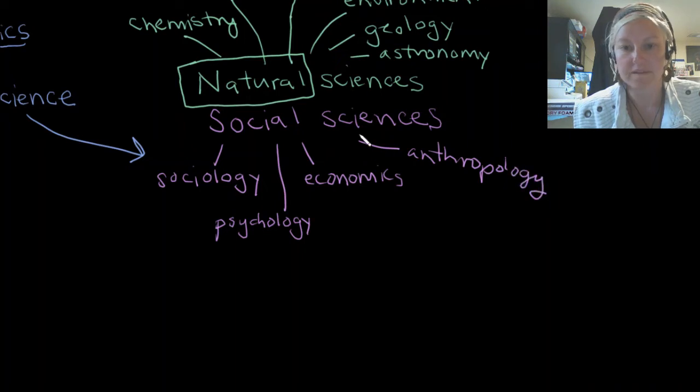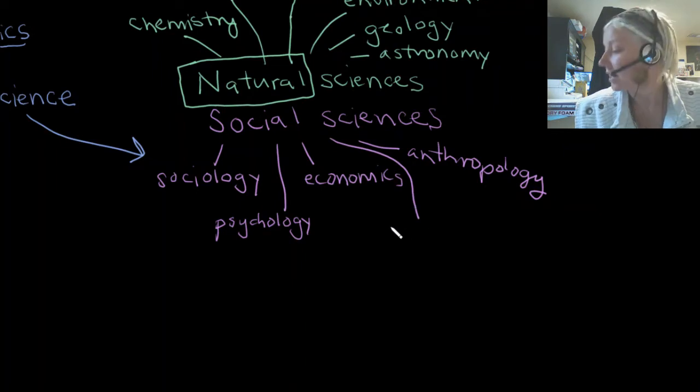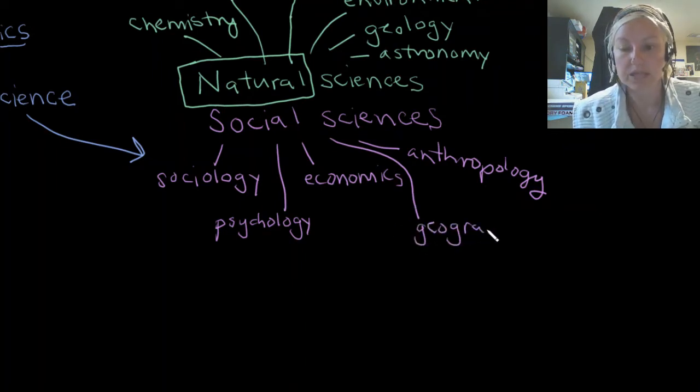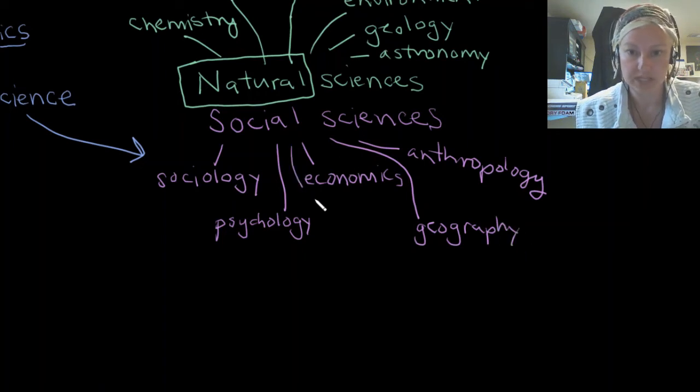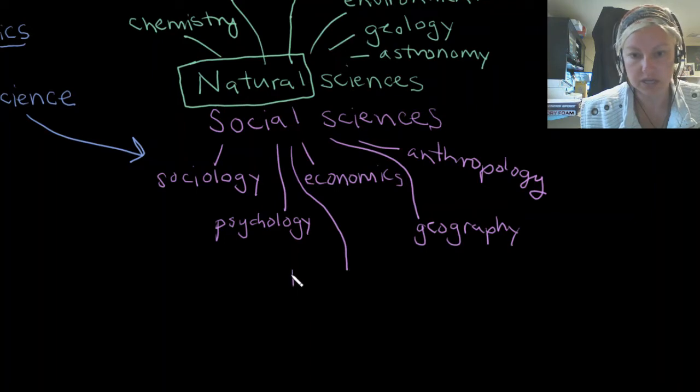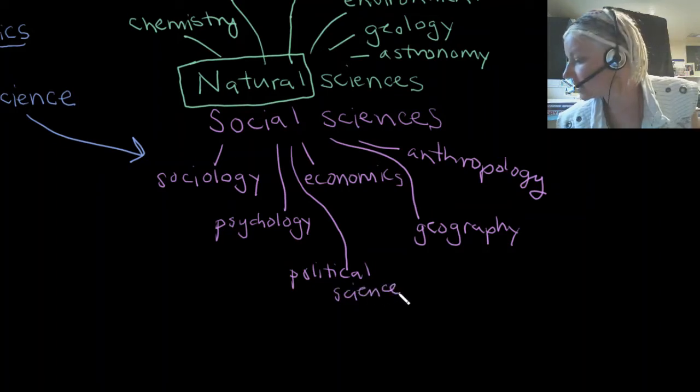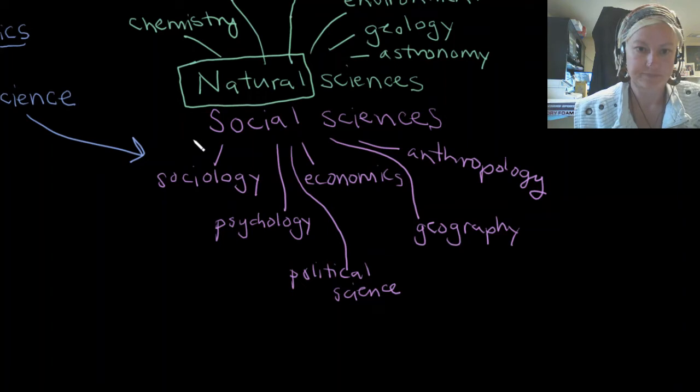We have, hang on, let me draw the line down here. Geography, political science, and I think I got them all. Oh, and history. I'm going to put a little tiny history right here.